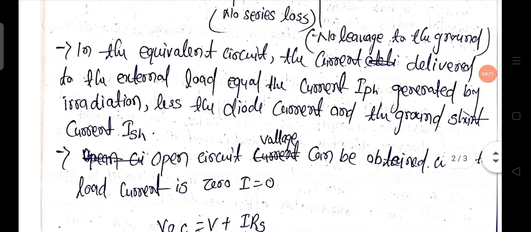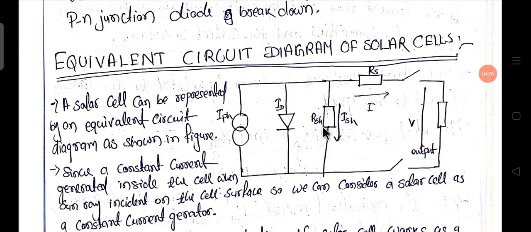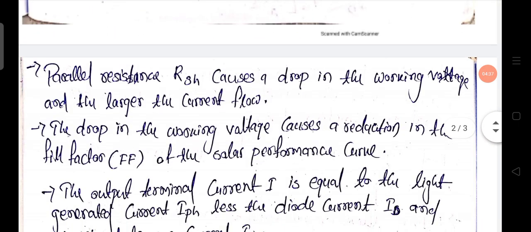That means across the parallel resistor RSH, a high amount of voltage drops, and as a result a high amount of current flows through it. The drop in the working voltage causes a reduction in the fill factor. The drop of the voltage in RSH causes a reduction of the fill factor of the solar cell performance curve.